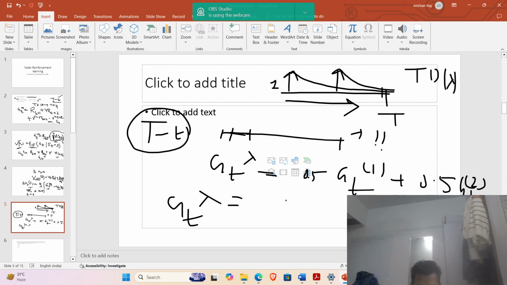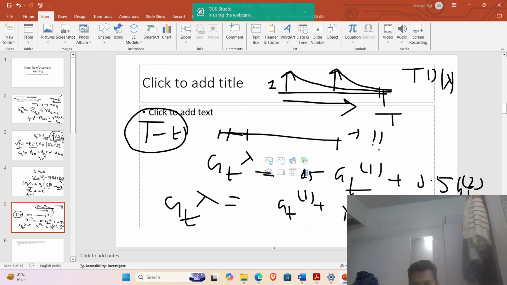You write it like G_t^(1) for the first one, and lambda G_t^(2), and so on, up to lambda to the power T minus t minus 1 G_t. This is how it happens.